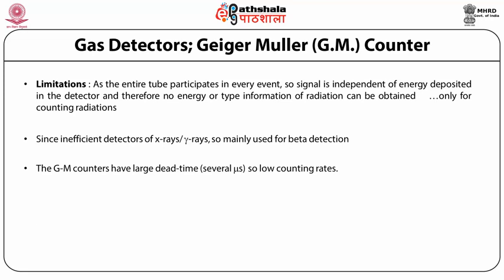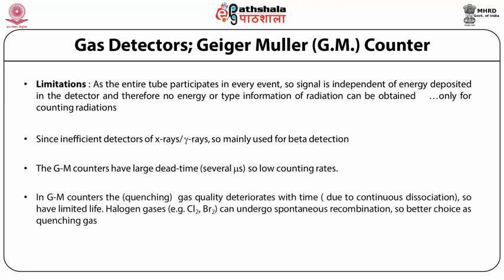The next limitation is that in GM counters, the quenching gas quality deteriorates with time due to continuous dissociation, so they have limited life. It means in the GM tube, whatever gas we apply, we need to put a small amount of quenching gas in the internal quenching method.